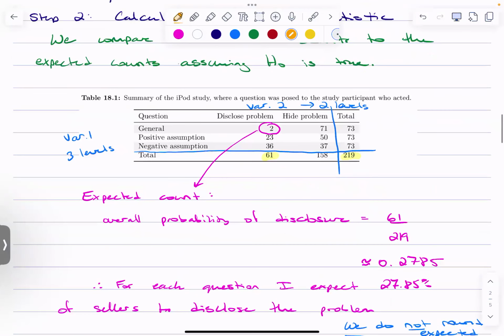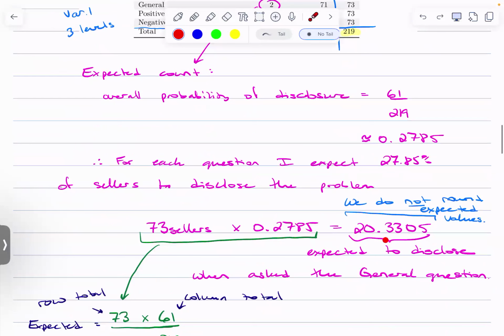Because now what would you have? Well, pointer. Each one of these cells has an expected count, right? You ignore the totals, but we need the totals because I need them to find those expected counts. But when I think about how 2 compares to 20.33, that's quite a ways off.